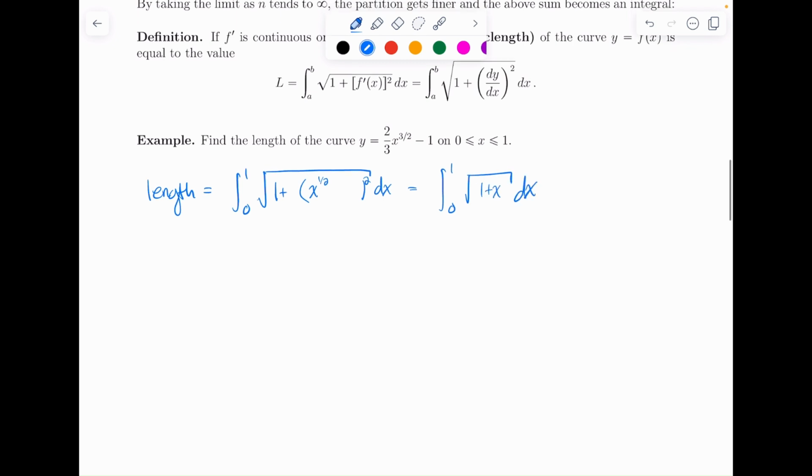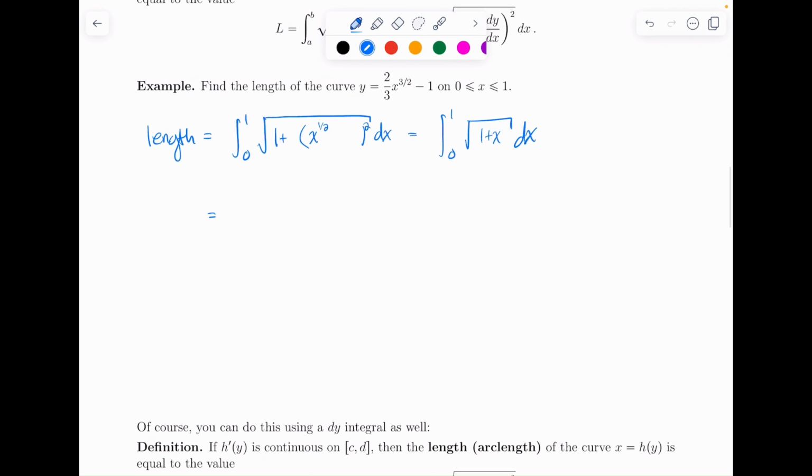And this is an integral we know how to handle. This is just the integral from 0 to 1 of just 1 plus x to the 1/2. And so here we'll do the reverse power rule, and we'll get 1 plus x to the 3/2 all over 3/2. And since it's a definite integral, we evaluate between 0 and 1, which in this case, if I plug in 1, I'm going to get 2 to the 3/2 over 3/2.